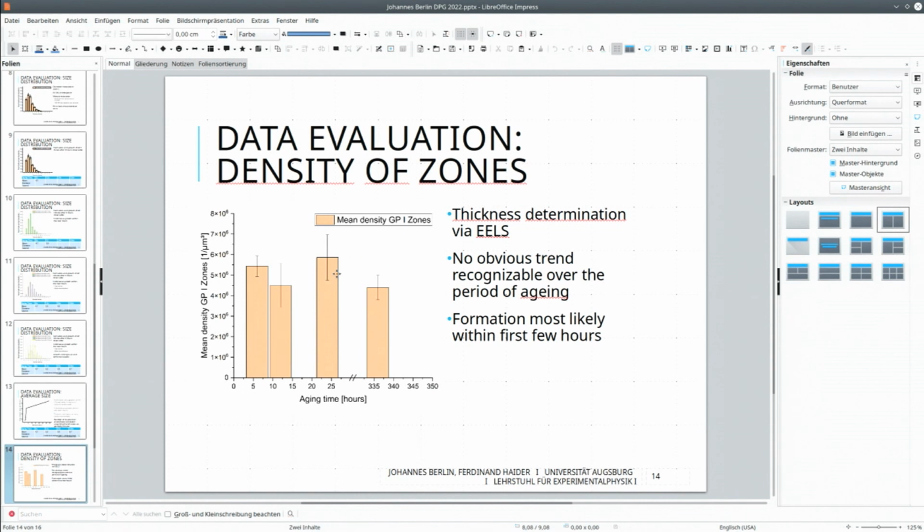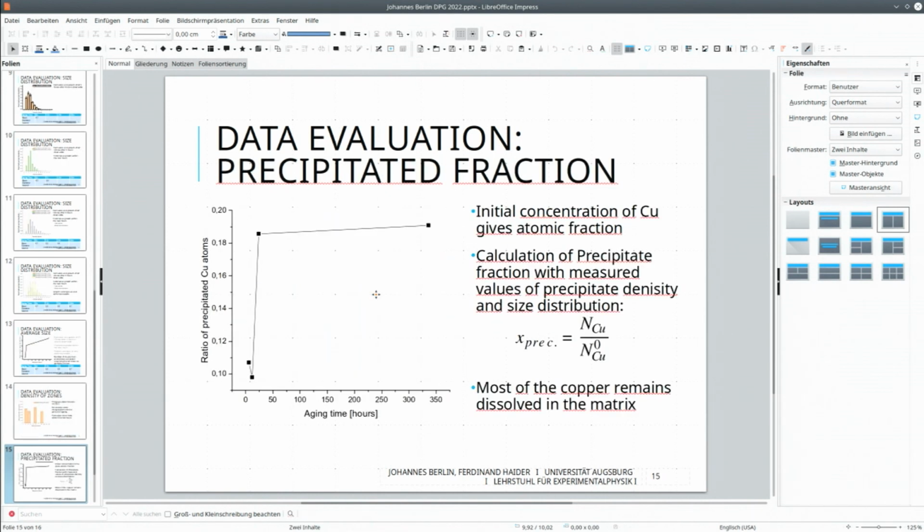Initially it's this density, and after a long time, 300-something hours, it does not increase very much. Of course, they have grown a bit larger, but not considerably. So you can say that this process stops or continues very slowly. Here's the precipitated volume fraction.